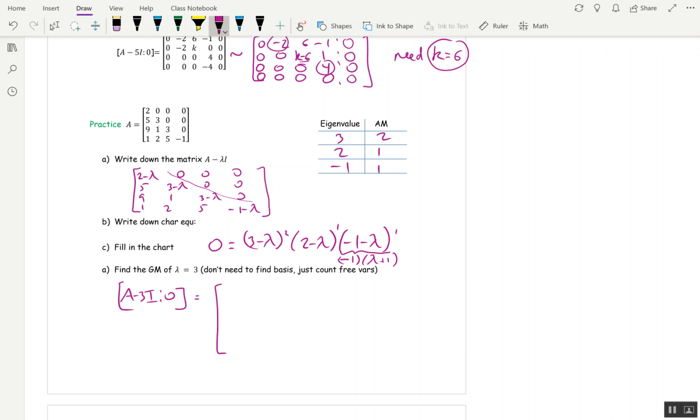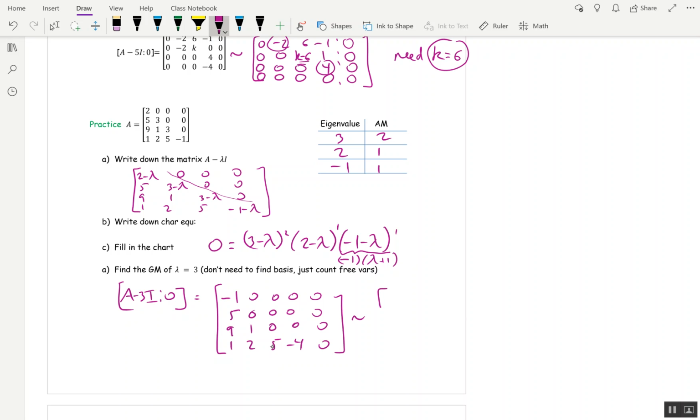Okay, so A minus 3I, that's going to be negative 1, 0, 0, 0, 0, and then 5, 0, 0, 0, 0, 9, 1, 0, 0, 0, 1, 2, 5, and then negative 1 minus 3 is negative 4, 0.